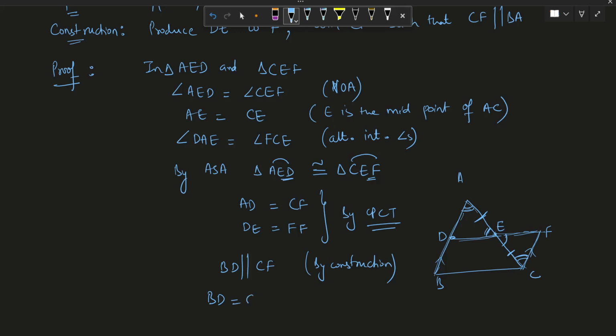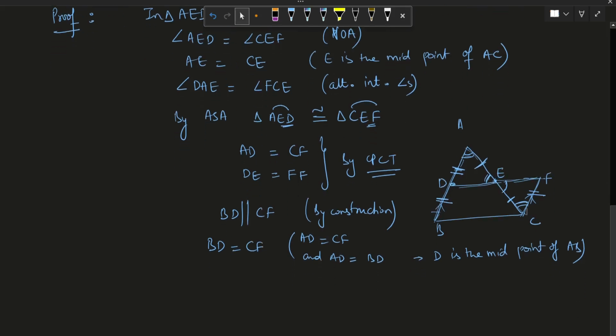Yes, BD also equals CF. Why? Because AD equals CF and AD also equals BD, as D is the midpoint of AB. So AD and BD are equal to each other, and as AD equals CF, DB and CF are equal to each other.